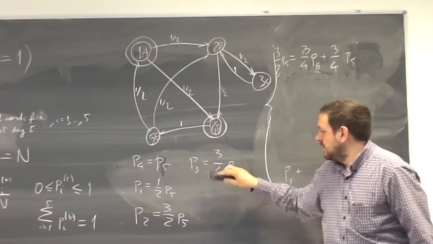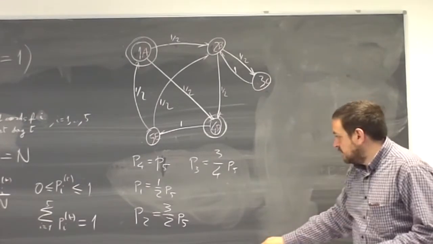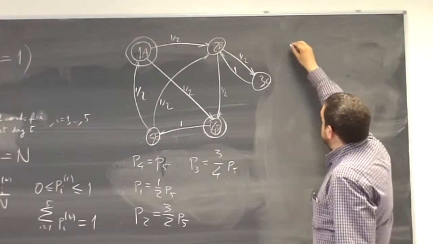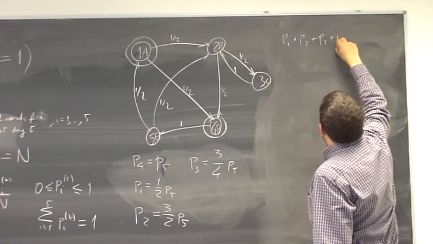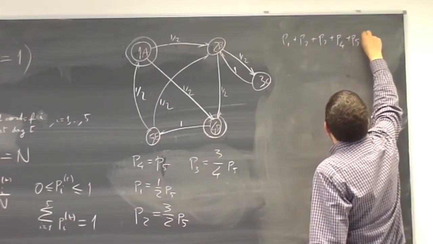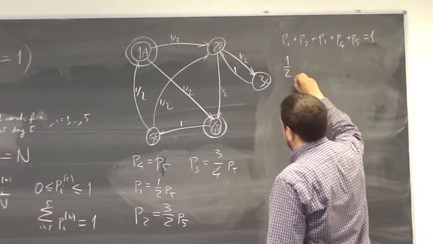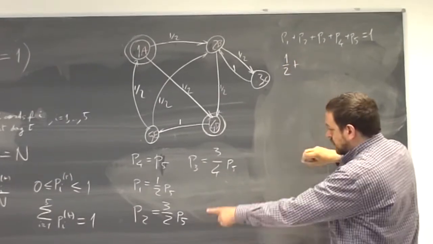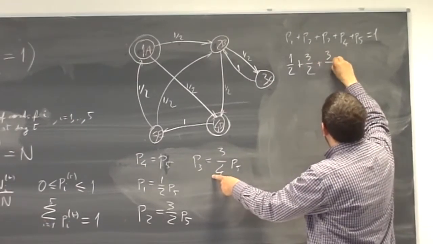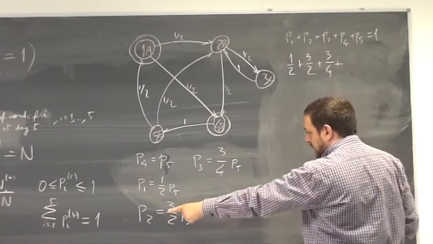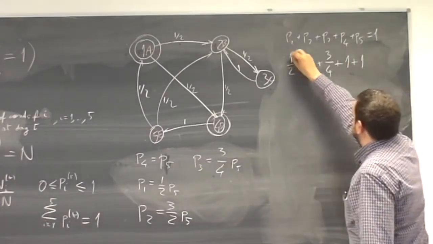Finally, you need to add up all these probabilities and make them equal to 1. So P1 plus P2 plus P3 plus P4 plus P5 must be equal to 1, and this becomes, okay, P1 is 1/2 P5, P2 is 3/2 P5, P3 is 3/4 P5, P4 is 1 times P5, and P5 is 1 times P5.